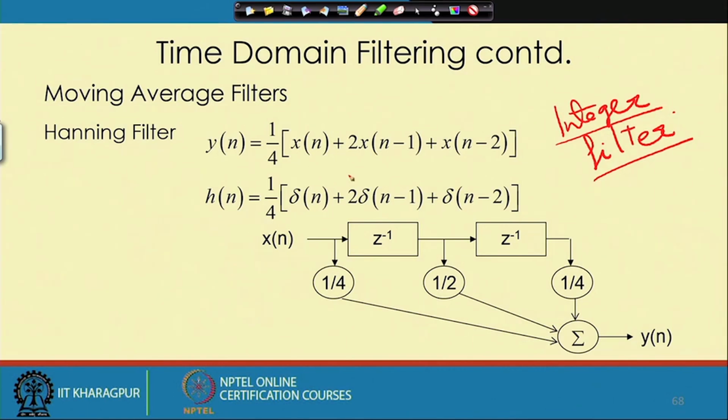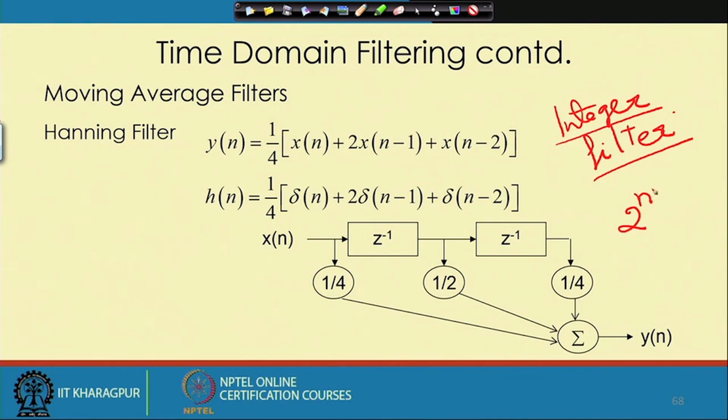But we can represent that function with the help of integers, and there is an easy way to implement it, and that comes as an attraction of the integer filter: the scaling is all the time 2 to the power n in this form.